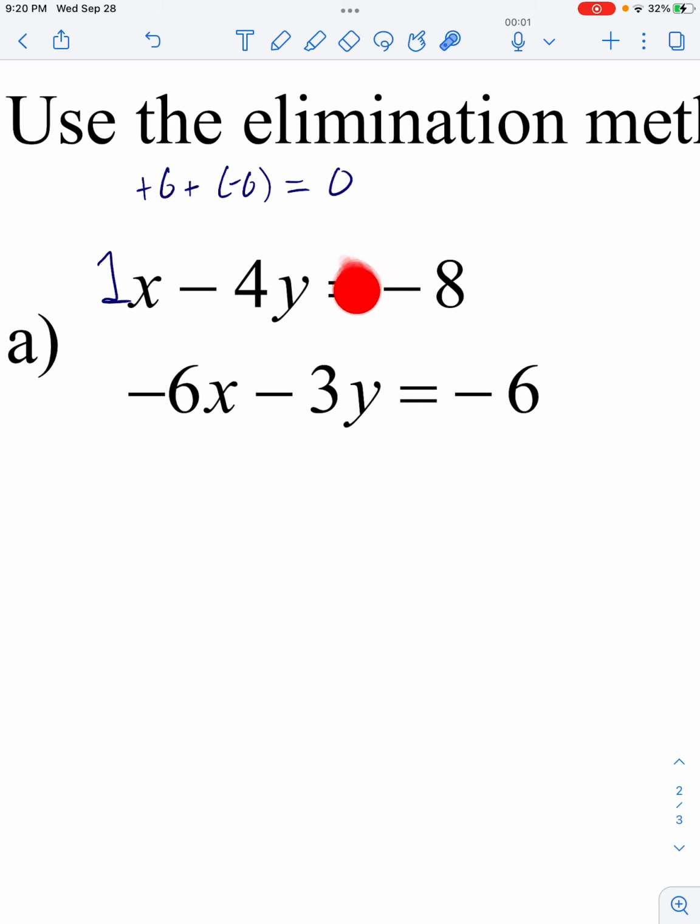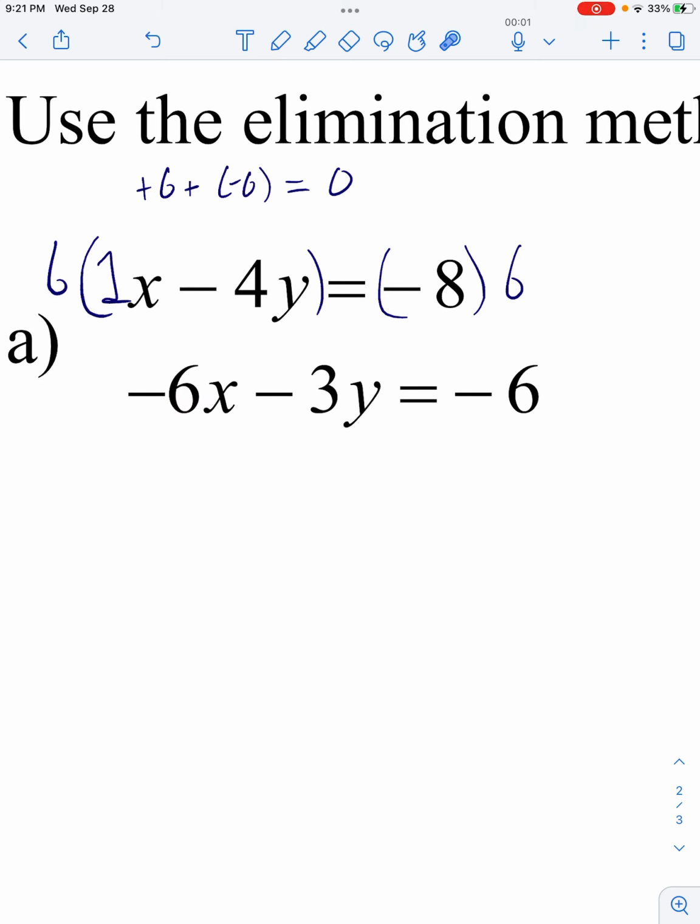I can't just multiply the left side by 6. That would break the rules of algebra. Whatever I do to one side of the equation, I have to do to the other. So I'm going to multiply both sides by 6, just so I can turn this coefficient next to my x into a positive 6 so I can cancel it in the bottom.